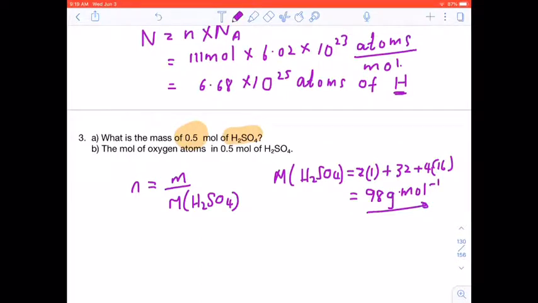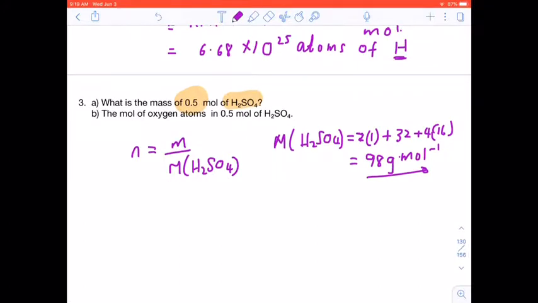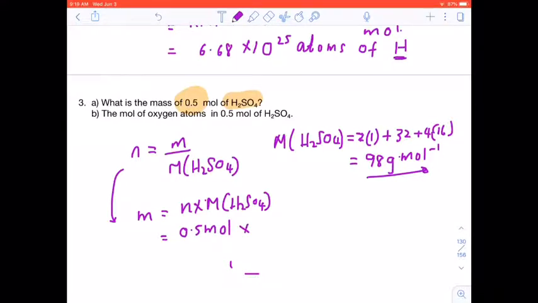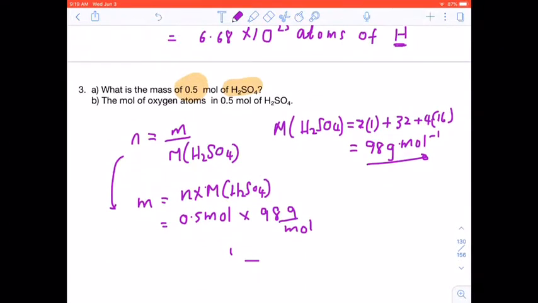But we want to know the mass of 0.5. So here, we have mass is equal to n times the molar mass of H2SO4. Since we want to know of 0.5 moles, times 98 grams per mole, right?